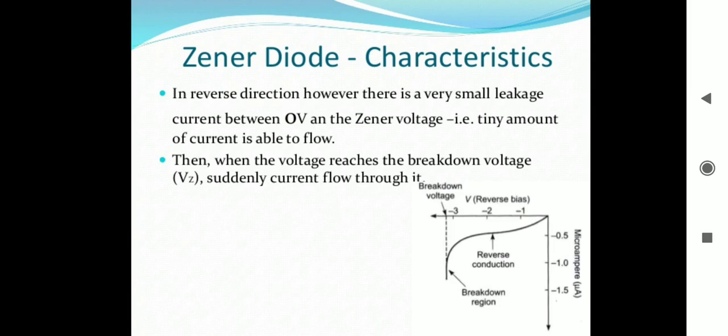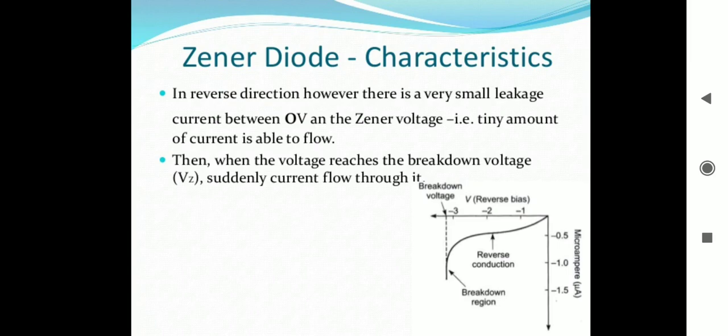Power ratings: the maximum power the Zener diode can dissipate is given by the product of the voltage across the diode and the current flowing through it. These values are 400 to 500 milliwatt to 1 watt, and 5 watt, and for surface mounted, 200 milliwatt, etc. Then temperature stability: diodes around 5 volt have the best stability.